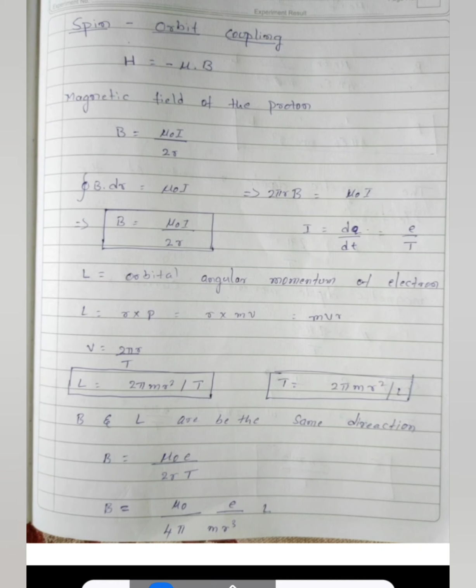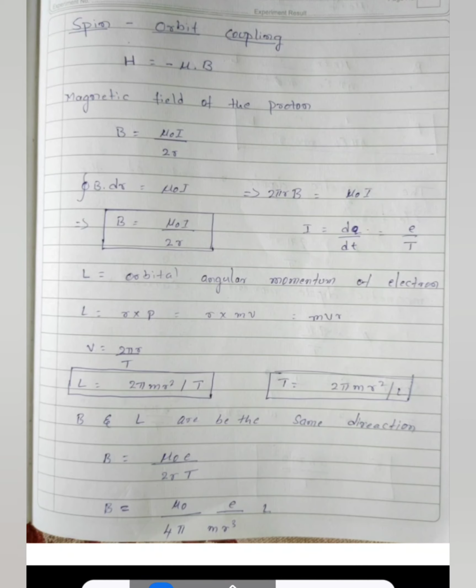Next, L, you already know L is the orbital angular momentum of the proton or electron, both are the same. L is equal to r cross p. P is the linear momentum mv, so r cross mv. After the cross product it is a multiplication, so I write L is equal to mvr.